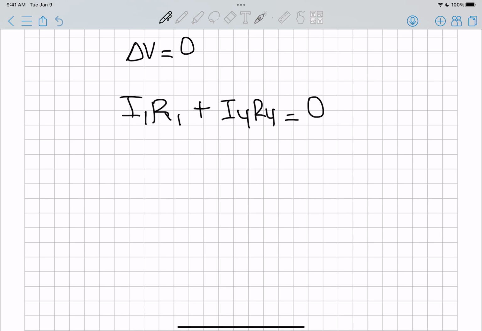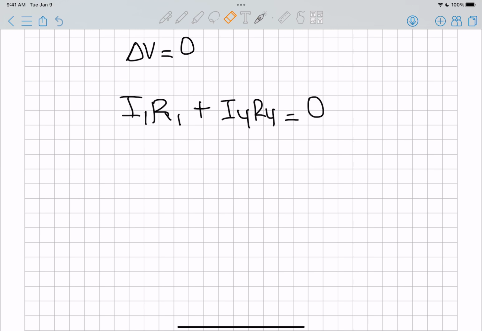Okay. Use the loop rule to determine the current I2. So for the loop rule, it's telling you that the change in the voltage is supposed to be 0, right?